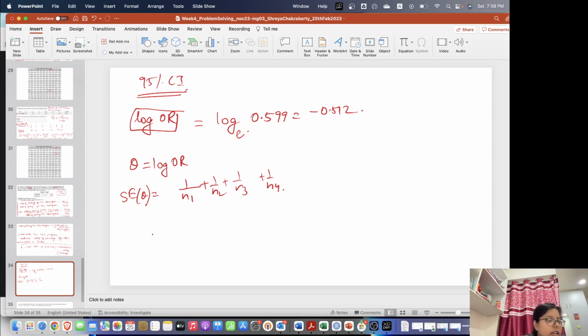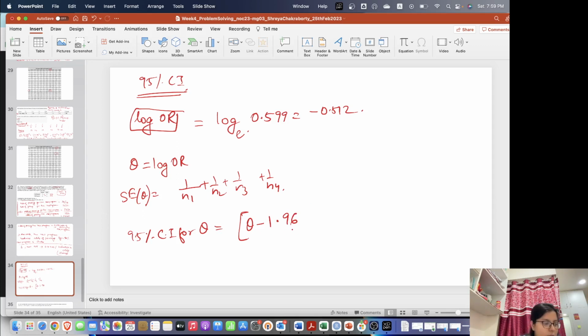So the 95% confidence interval for theta is given as theta minus 1.96 times the standard error. It is assumed, since the numbers are large, that theta is approximately normally distributed.